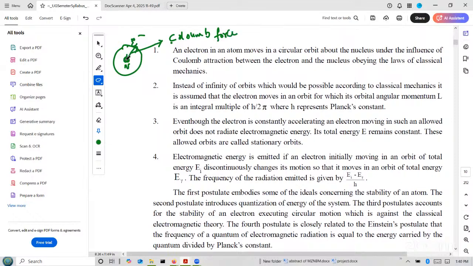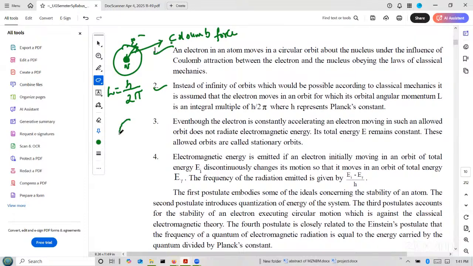This is the first point. Second point is the angular momentum: the orbital angular momentum is an integral multiple of h by 2 pi, where h is Planck's constant.